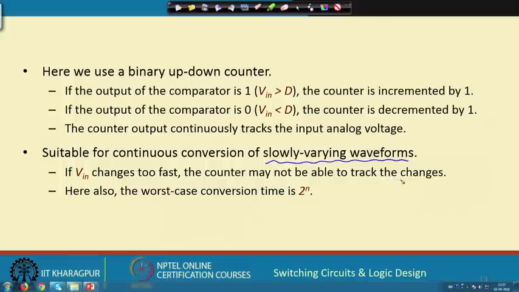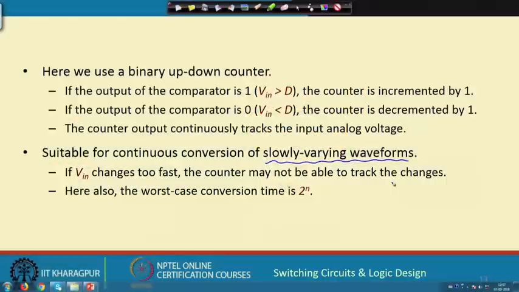As I said, this is suitable for relatively slowly varying waveforms, because if V in changes too fast, the counter may not be able to track the changes, because we are basically using a clock to either count up by 1 or count down by 1. If it changes in a jump by 100 steps, you will have to count up 100 steps slowly, it will not be so efficient, right. But in the worst case, the conversion time is still 2 to the power n, right.